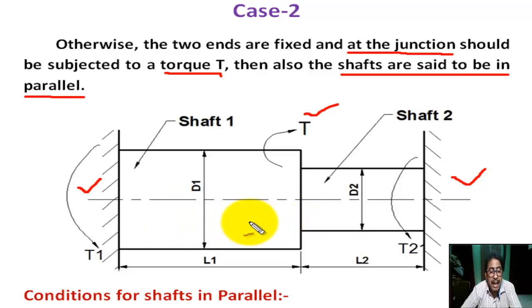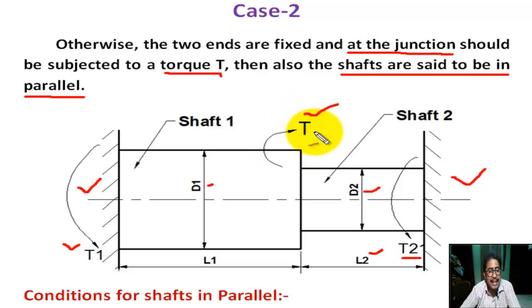One shaft of diameter D1, length L1, is connected in parallel with another shaft of diameter D2, length L2. Let T be the applied torque, which is distributed to the two shafts as T1 and T2.